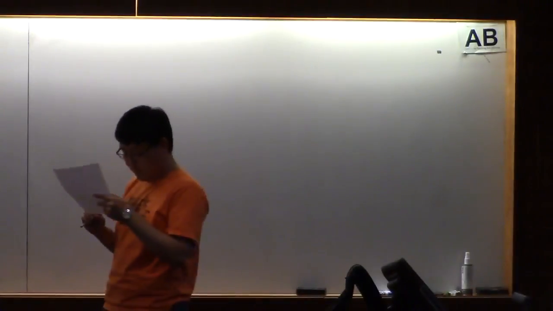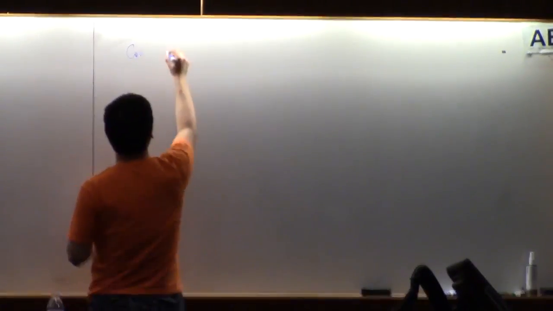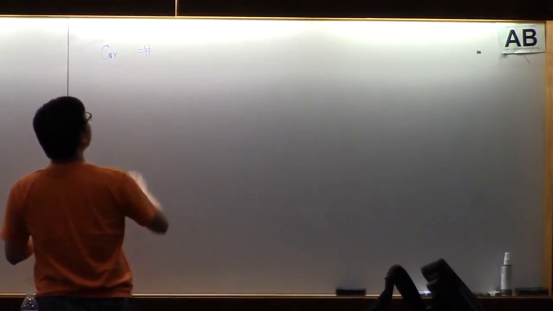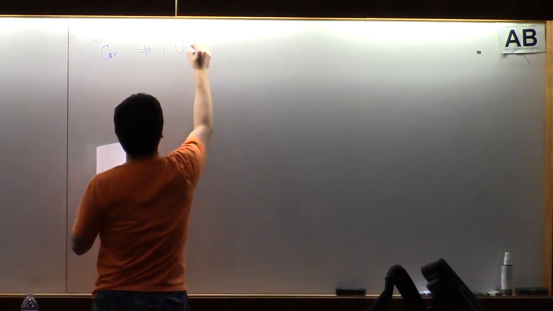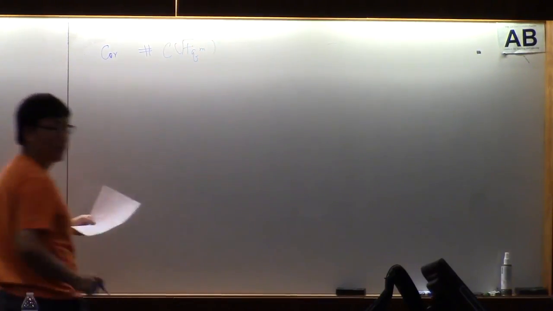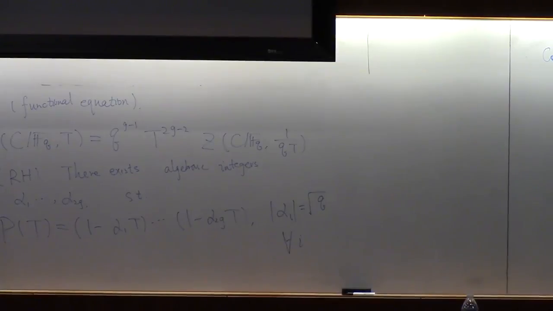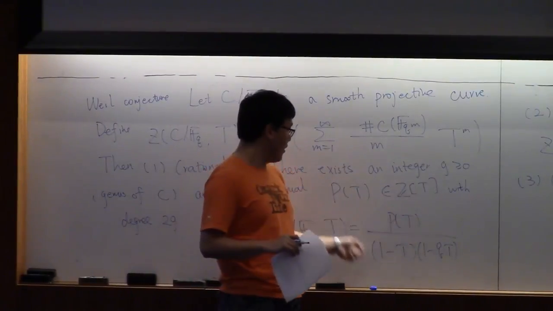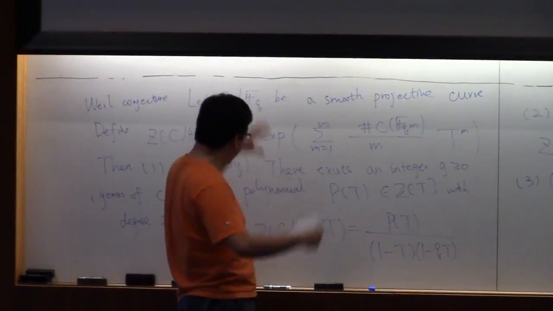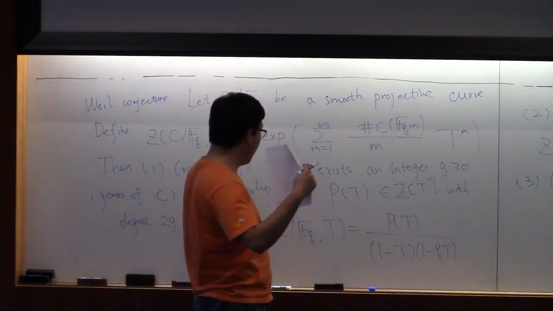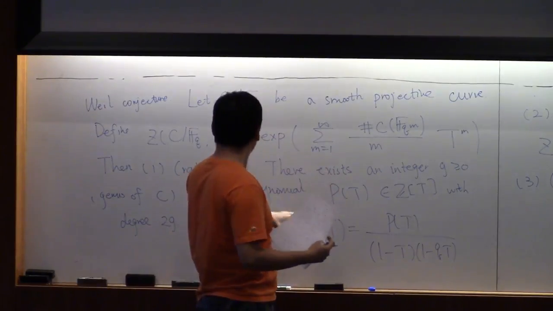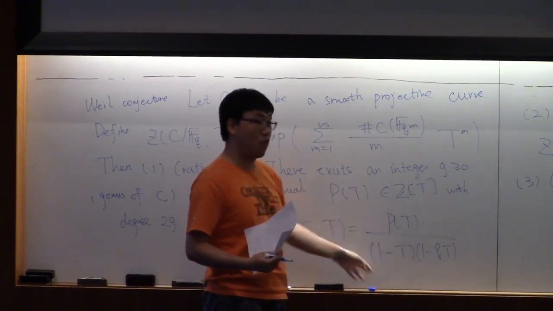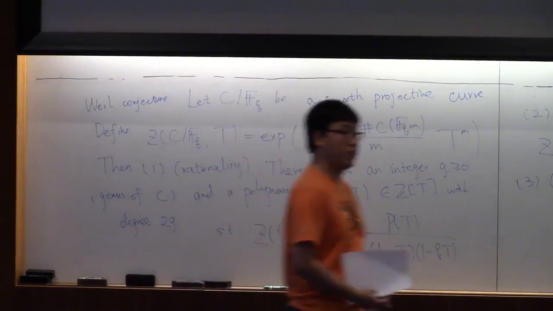Before I start the proof, I want to mention a corollary and a remark. If you assume this conjecture, then we know that the zeta function is of this form, but you can expand this rational function: first you take the natural logarithm, and then you compare it with this form of power series and match the corresponding coefficients.